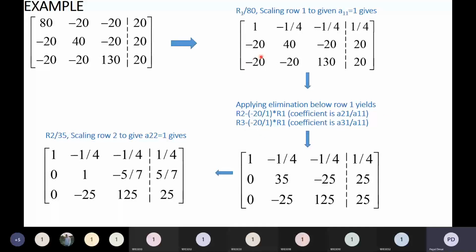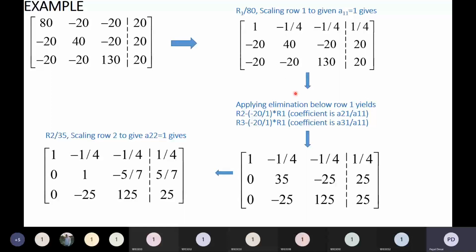Second elimination that we want to perform: I want to make this element 0, and for that I use minus 20 by 1, that is a31 divided by a11. a11 is your pivot element. Then you multiply it with row 1 and deduct it from row 3.